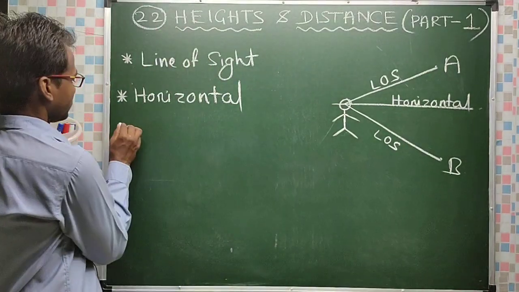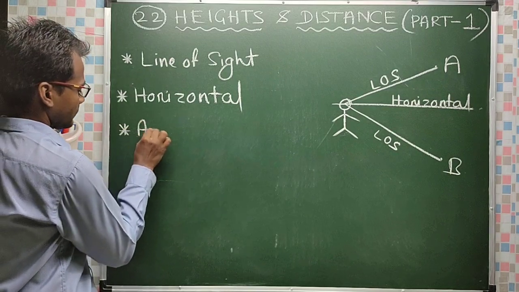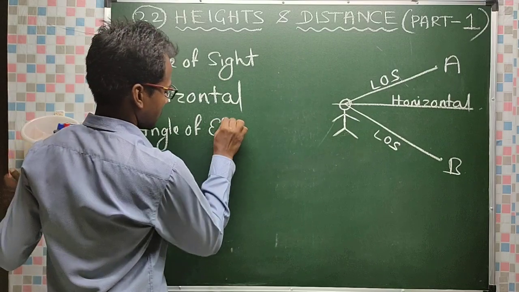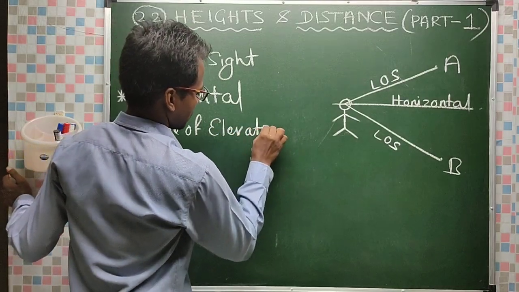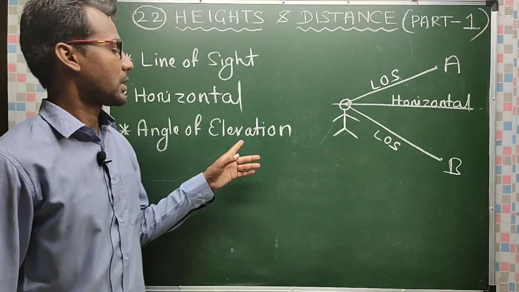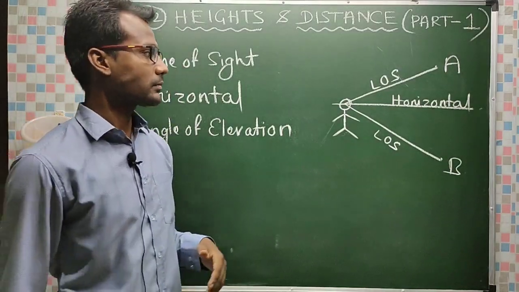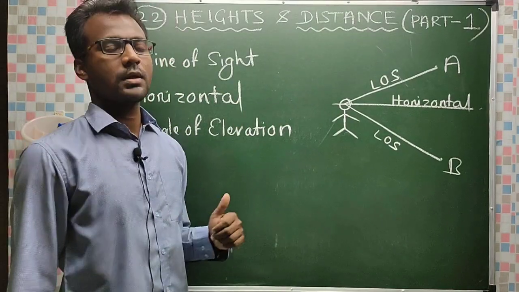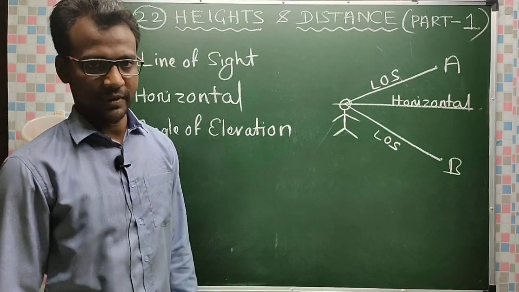Next is angle of elevation. Elevation means you are looking up. When you are looking up, the angle between the horizontal and the line of sight is called angle of elevation.